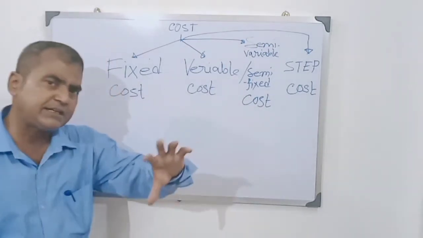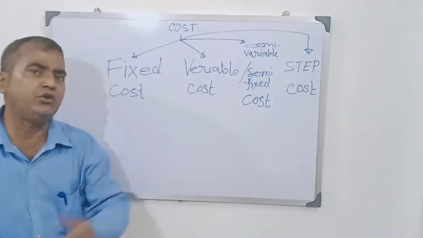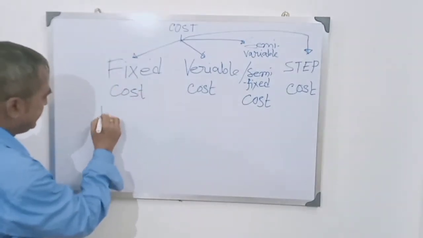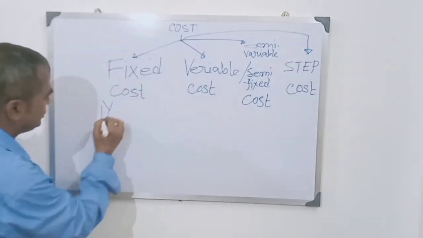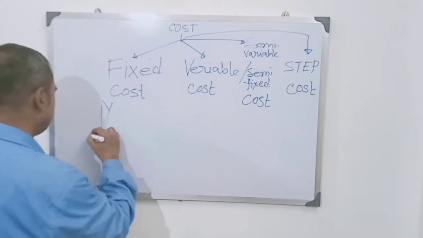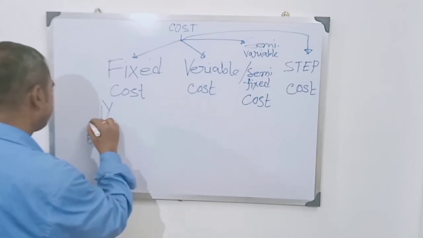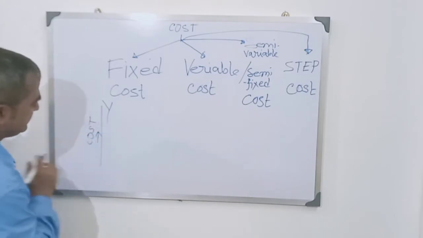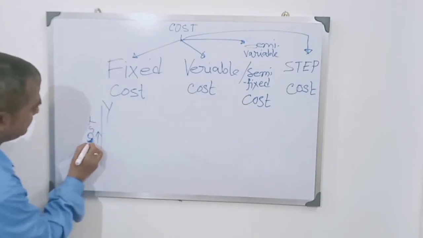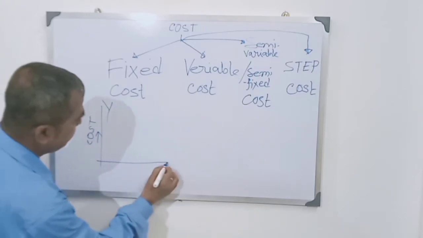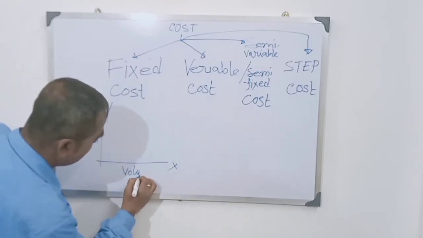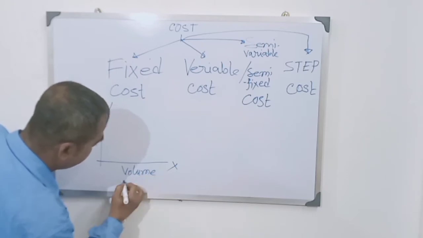I will be discussing more in your cost sheet. So, for fixed cost, if I say the y-axis represents your cost, and the x-axis represents the volume of production, or volume units.